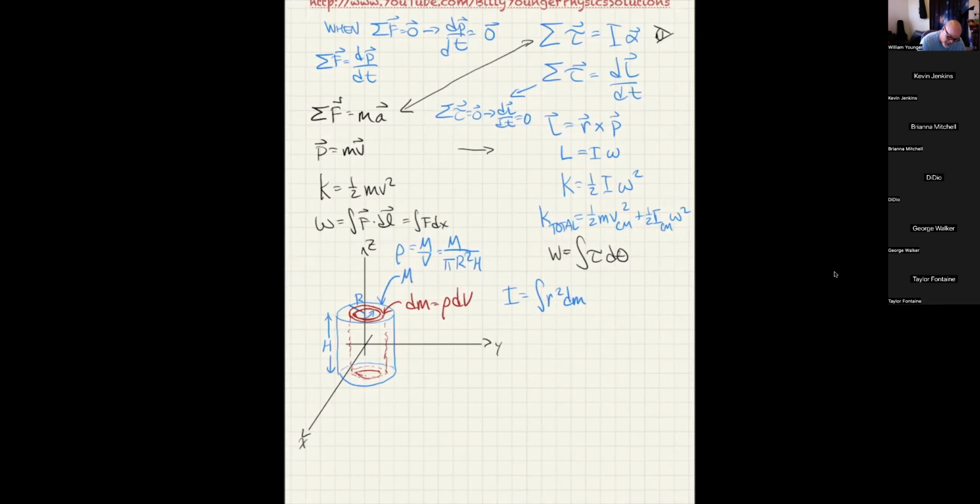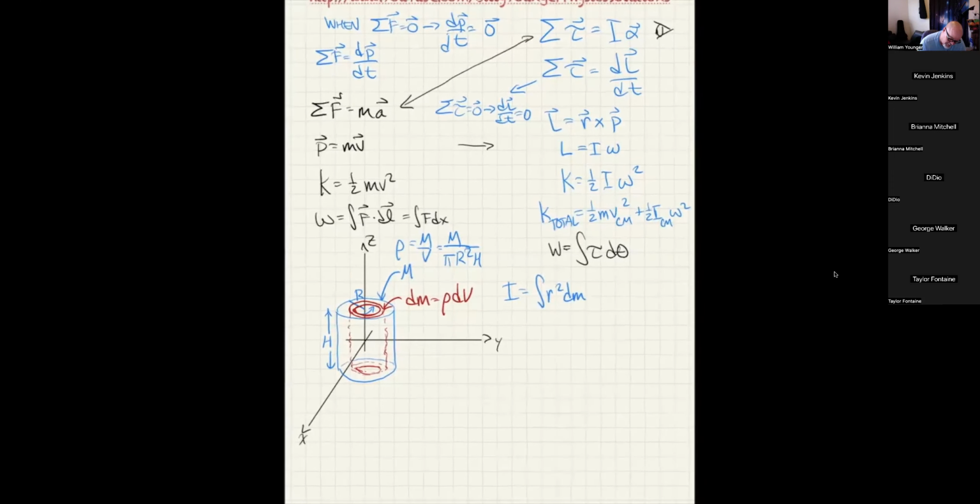Now, hopefully you realize this looks like a rectangle.